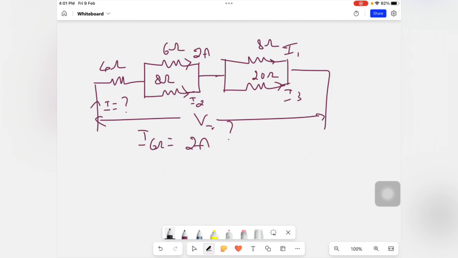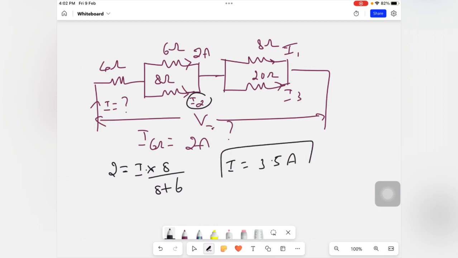To find the current in the 8 ohm branch, the 2 amps equals I, the total current, into 8 divided by 8 plus 6.